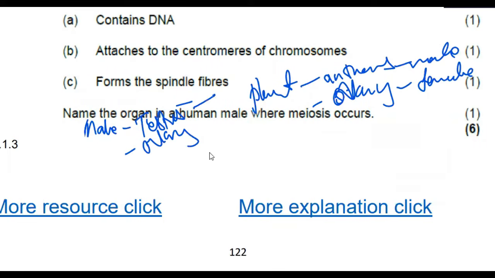So here they produce sperms and ova, while here they produce pollen grains and ovules. So basically that's a simple illustration of meiosis occurring in plants and also in animals.